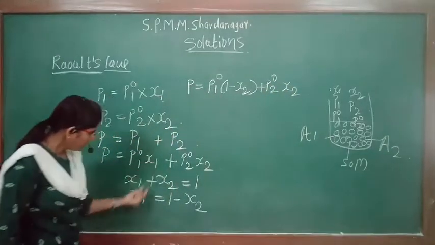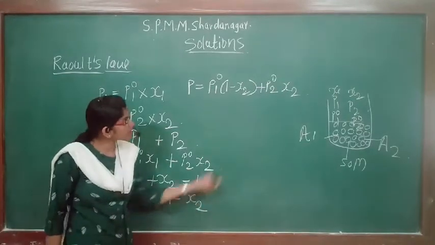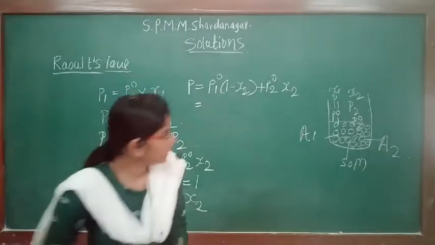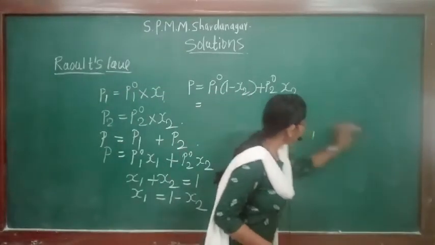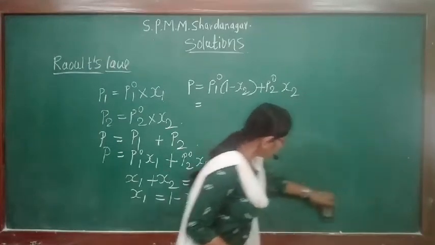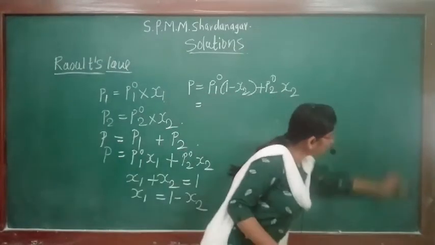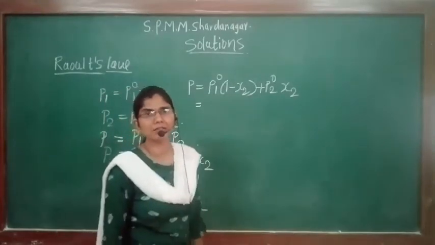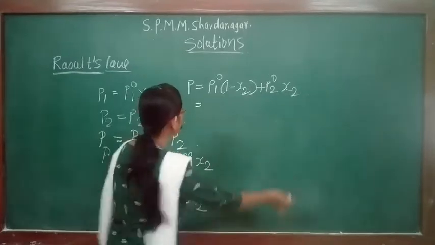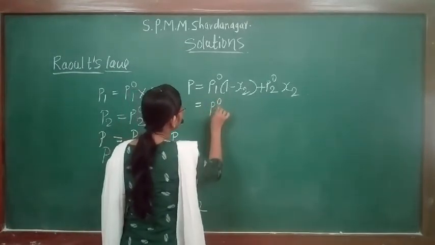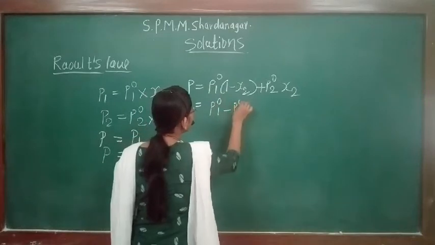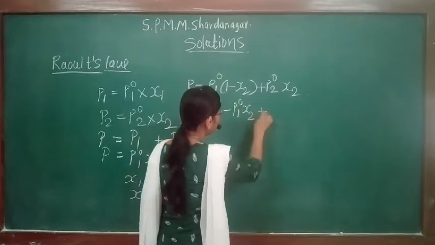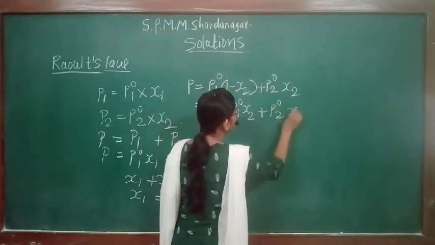If we simplify this, we get P01 minus P01 X2 plus P02 X2.